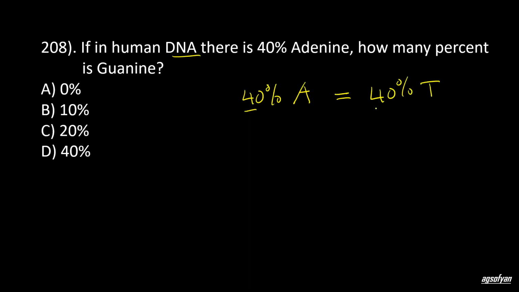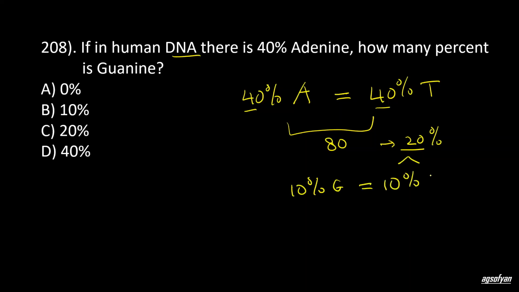So 40 plus 40 is already 80. The rest, which is 20%, will be for guanine and cytosine. So it's going to be 10% guanine and 10% cytosine. So guanine will be 10%.